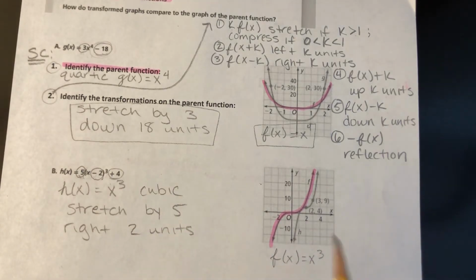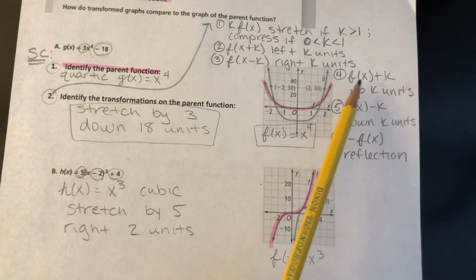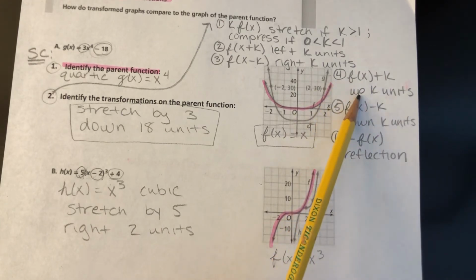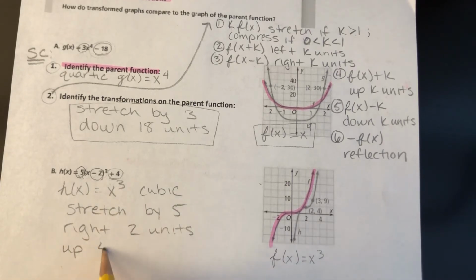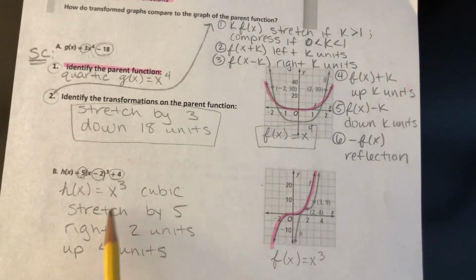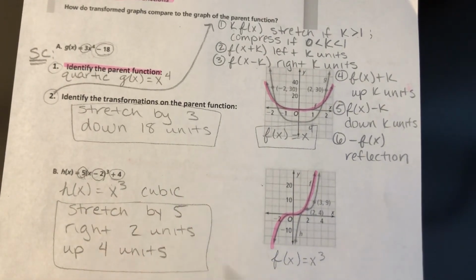Or you could say a horizontal shift right 2 units. And then lastly, this plus 4, that's outside my parentheses, so it's going to go up 4 units. So a vertical shift up 4 units. And that would be my transformation.